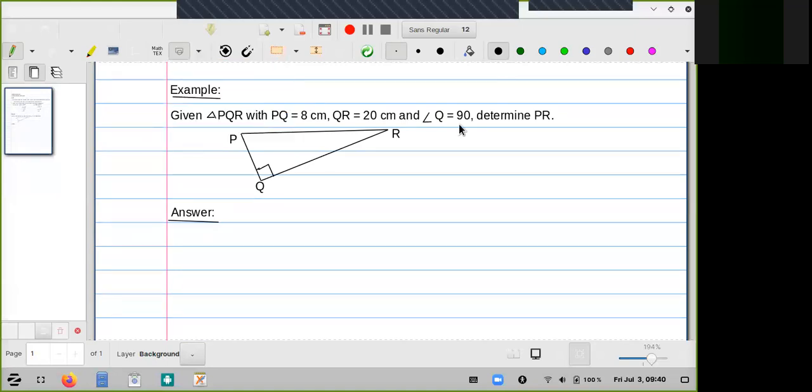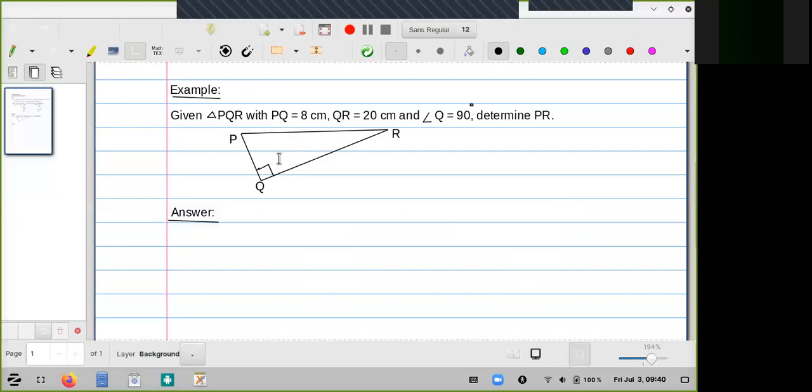In this case, in the question that is given, we are looking at a triangle. This triangle is a right-angled triangle.